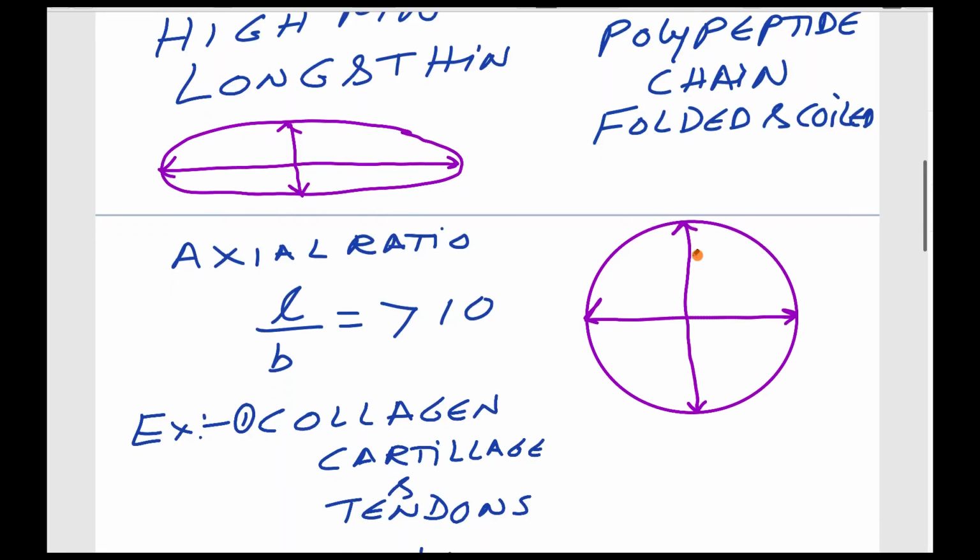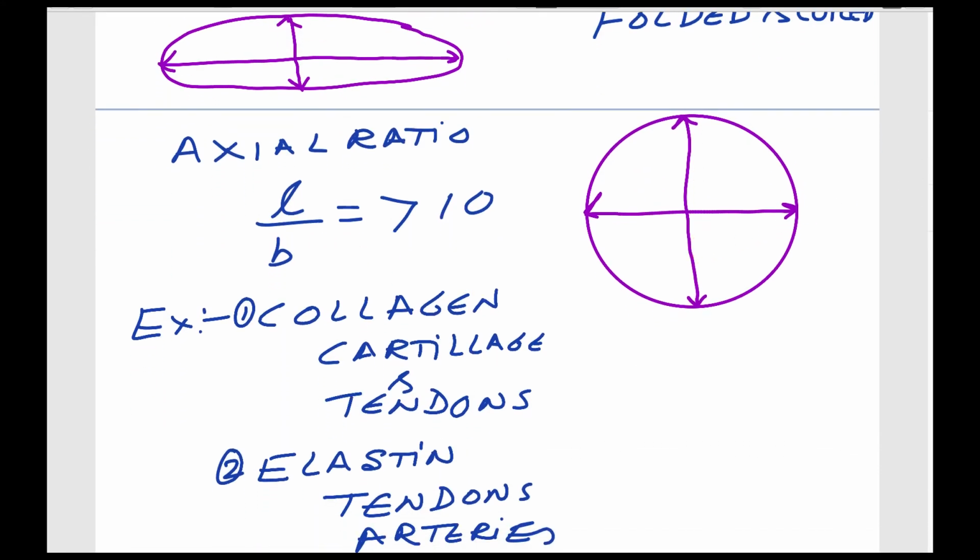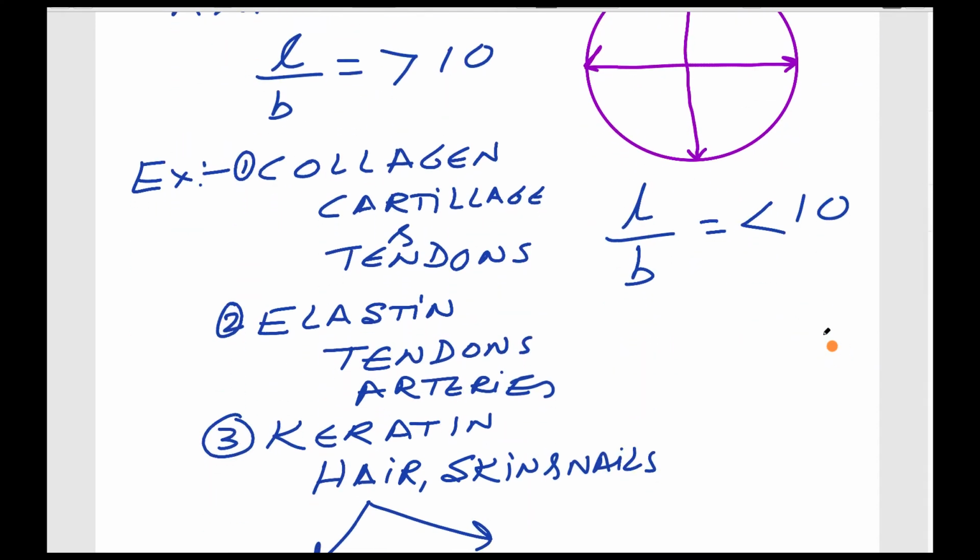Here the axial ratio, that is again length by breadth, is less than 10. They are soluble in different solvents like water, neutral salt solutions, and acids.